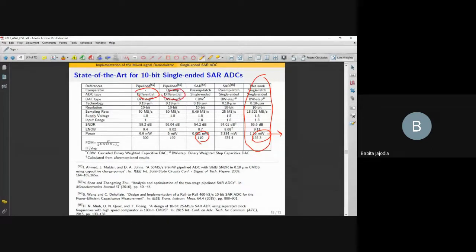Someone has designed a differential one, some single-ended, some are using op-amps, preamp amplifiers, and we are using only a single latch, right? So the question might come, why have we taken this comparison if we are not saying it is a fair comparison? Because all are designed in the same technology, 180 nanometer technology.